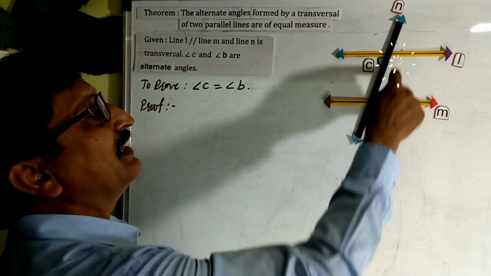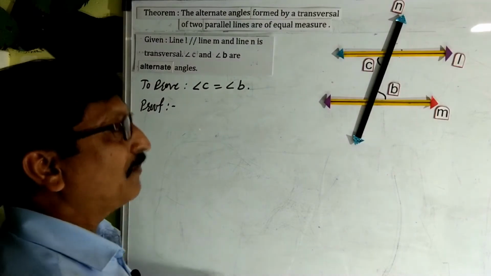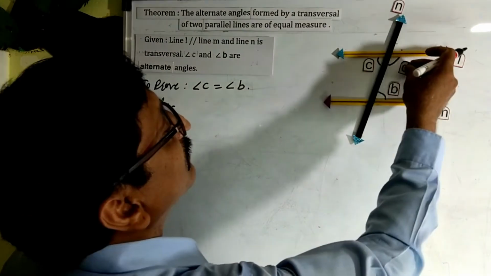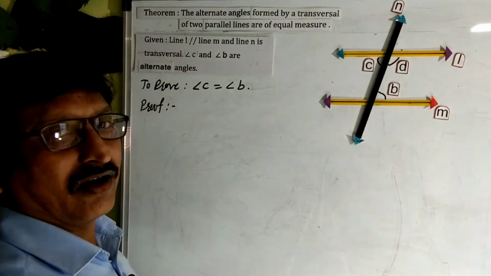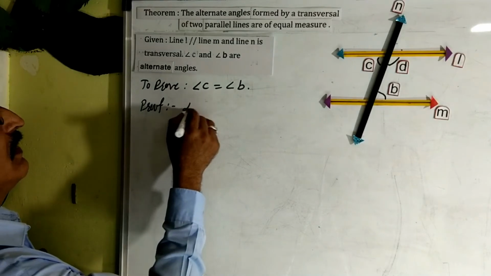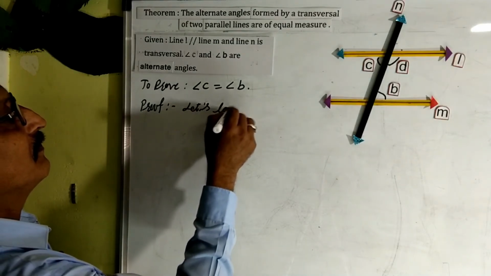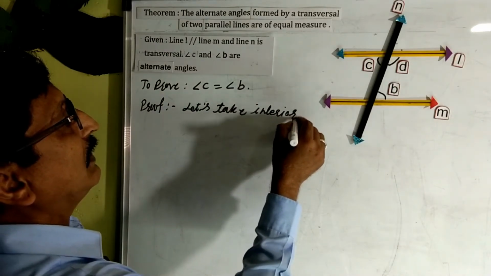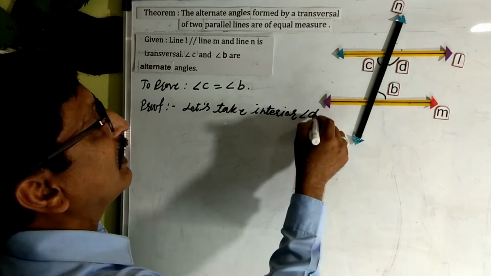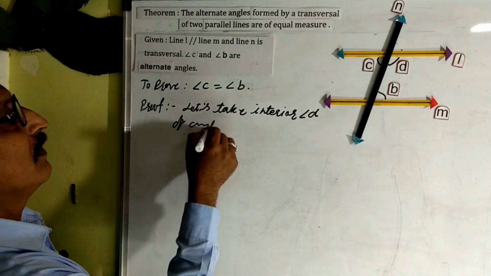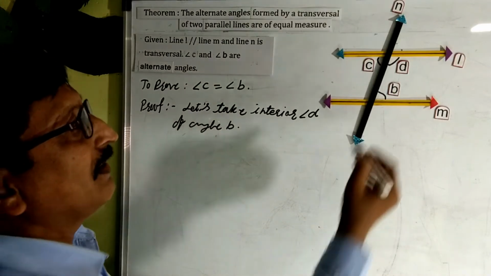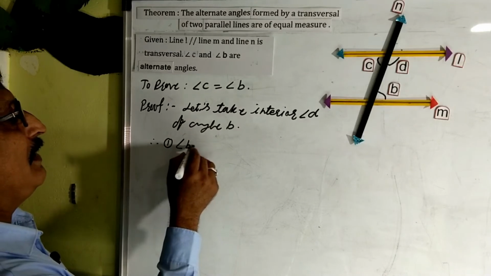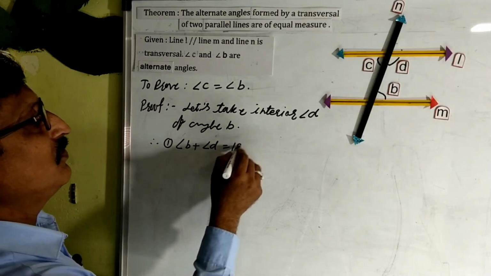That means the sum of the interior angles is 180 degrees, and therefore we have to take an interior angle, say any angle, say D. D is the interior angle of B, and therefore let's take interior angle D of angle B. And what is the relation between B and D then? Therefore you can write number 1: angle B plus angle D is equal to 180 degrees.